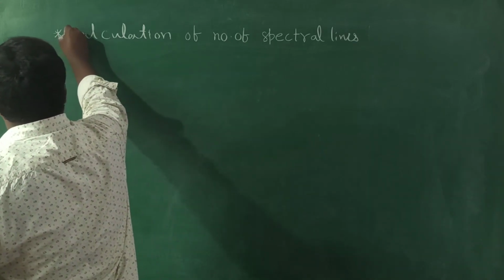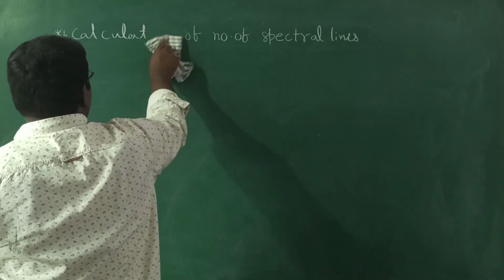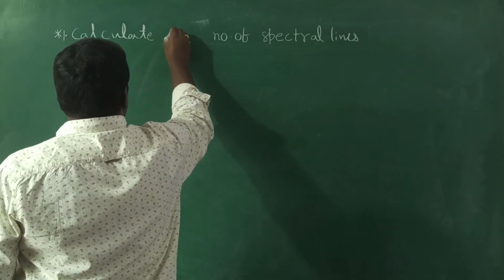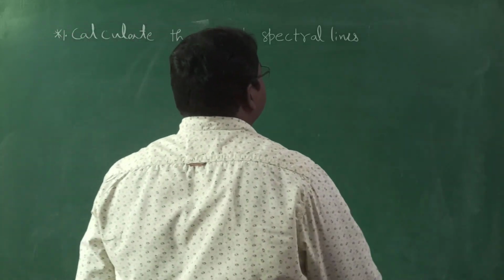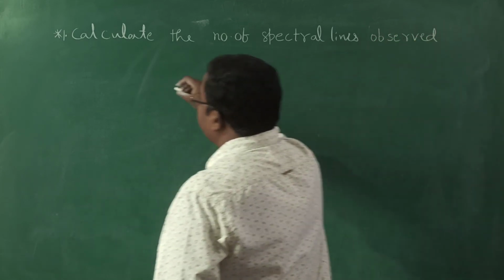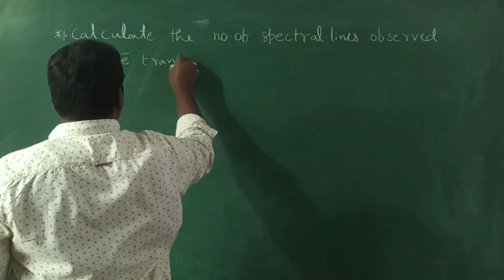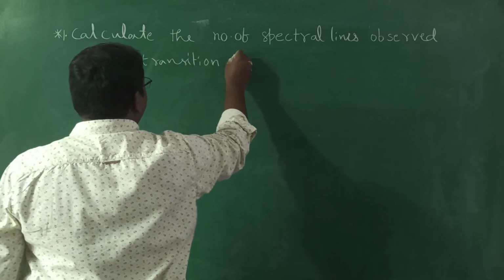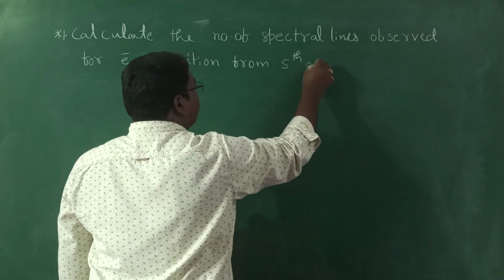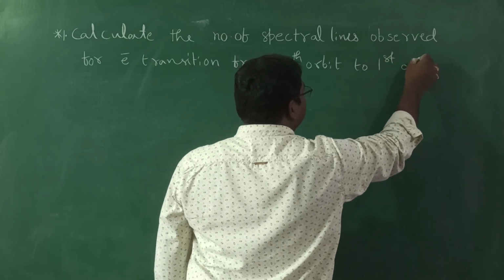Now coming to the question: calculate the number of spectral lines observed for electron transition from the fifth orbit, or fifth energy level, to the first orbit.